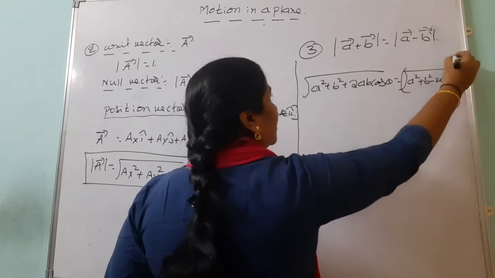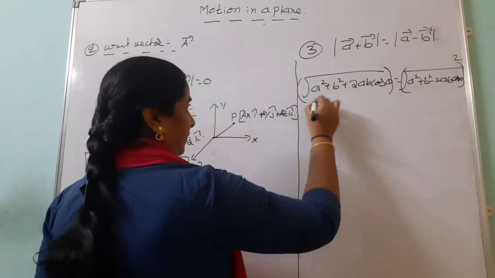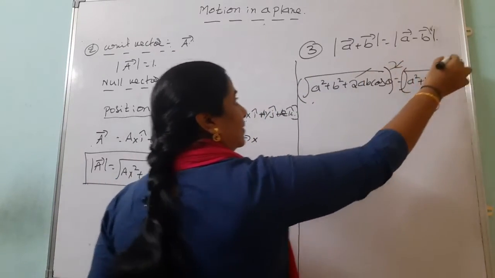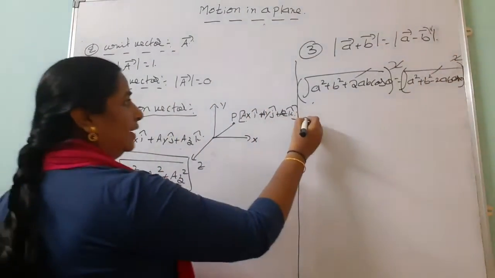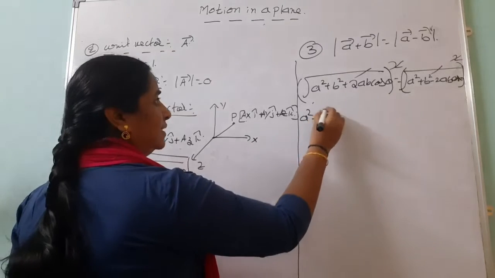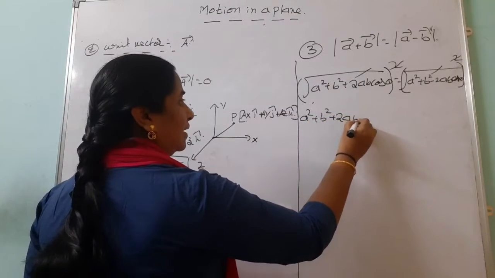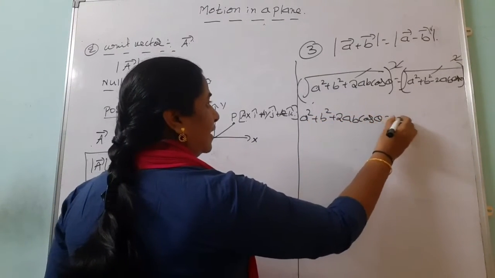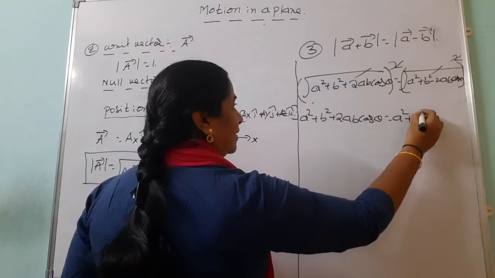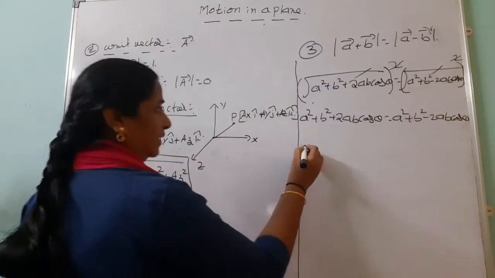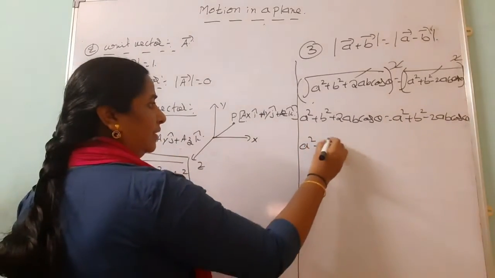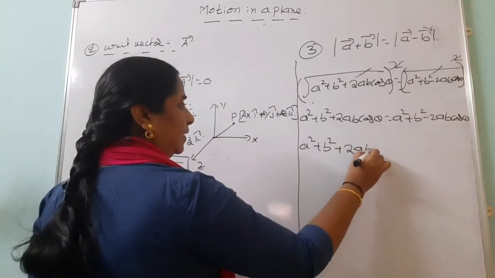Then we take both sides square. Square and under root cancel, here also square and under root cancel. So remaining is a square plus b square plus 2ab cos theta, and here a square plus b square minus 2ab cos theta.